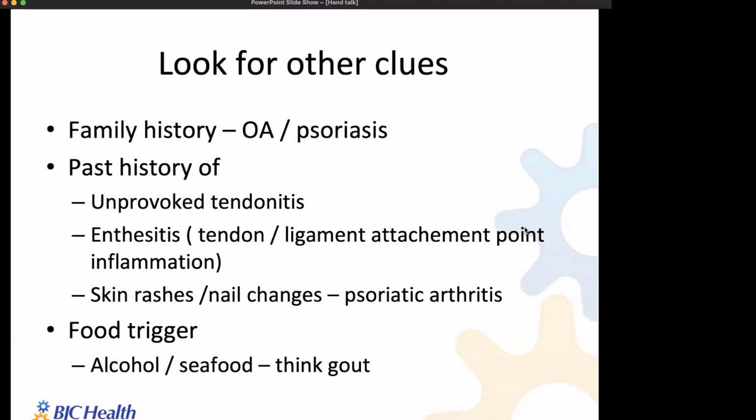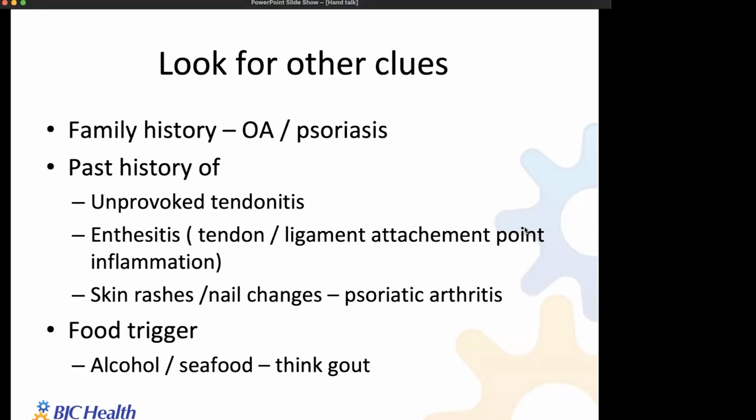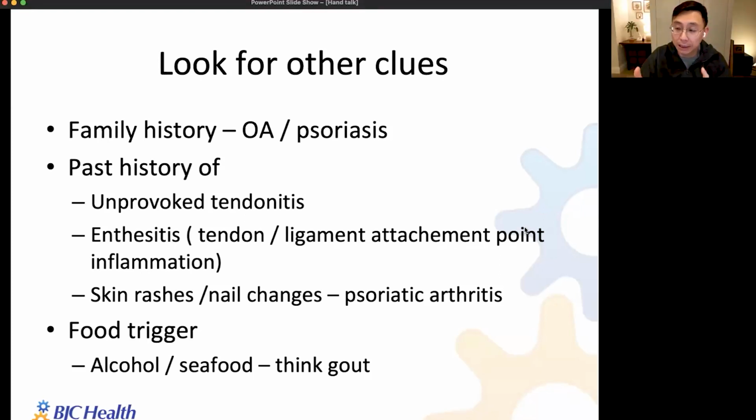Enthesitis is a term to describe attachment point inflammation. For example, when the muscle of the forearm sticks onto the elbow, we call that tennis elbow, yeah? Or behind the heel, the Achilles attachment, we call that Achilles enthesitis. If a person has unprovoked inflammation in these areas, we think about psoriatic arthritis.